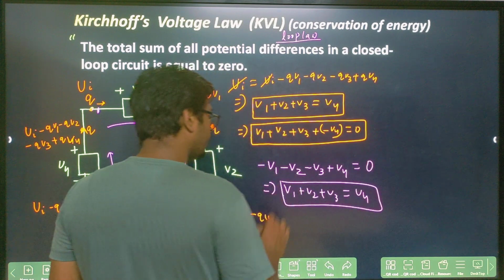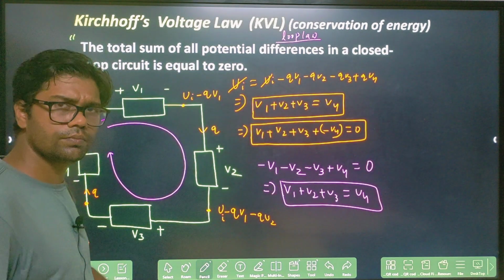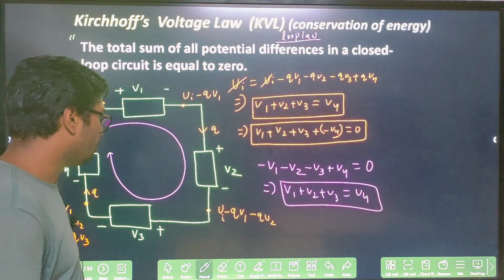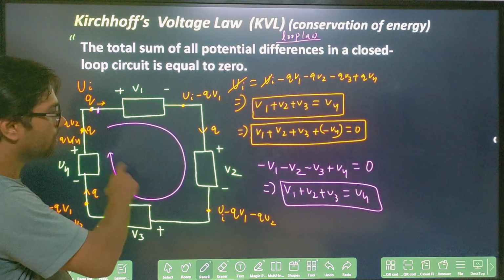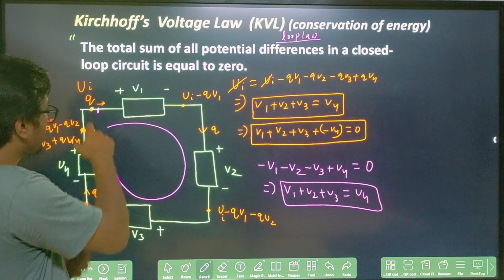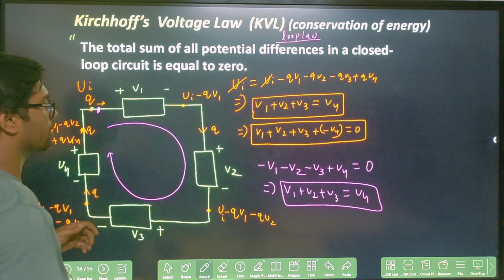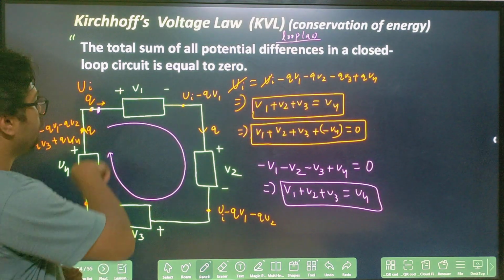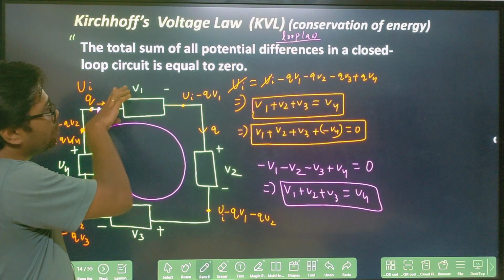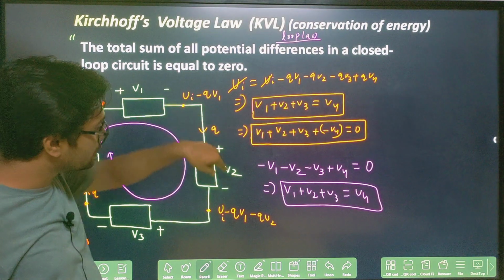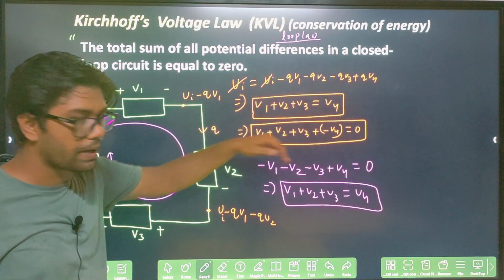The same thing, right? We will do some problems, this will be easy for you, you can get to know, right? So what you have to do, you have to choose a loop here. This is a loop. I am starting from here and reaching here with this direction. If I am moving from positive to negative, there is a drop in potential, minus V2.